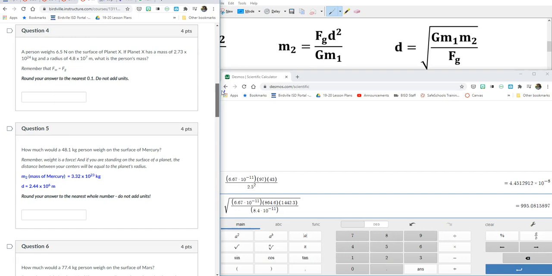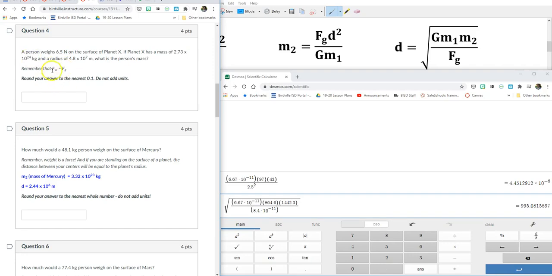Let's scroll down a little bit farther and do a mass question. Okay, a person weighs 6.5 newtons on the surface of planet X. If planet X has a mass of 2.73 times 10 to the 24 kilograms and a radius of 4.8 times 10 to the 7 meters, what is the person's mass?